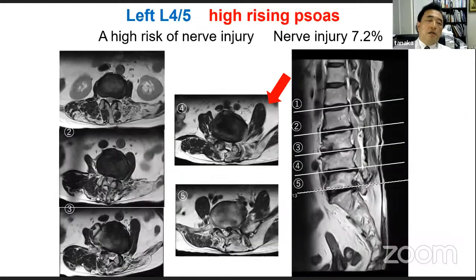Another complication is high rising psoas. L4-5 has a high incidence of high rising psoas. If you look at this red arrow, the psoas is high rising. If you approach with the direct lateral approach, it's a high risk of nerve plexus injury.